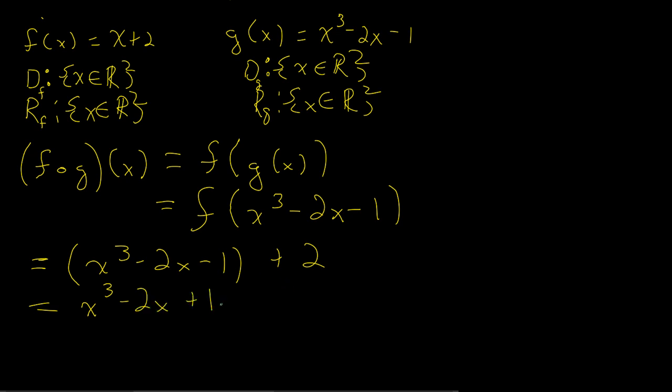So see how the rule is changing the initial input and spilling it into the next function. Whatever g does spills into f. Well, I don't have to do it on a case by case. I can use the rules to spill into each other. All right, let's do it in the ugly form.